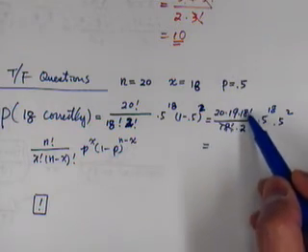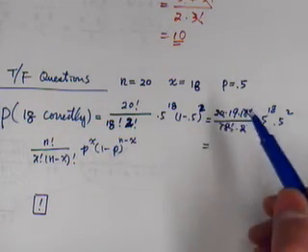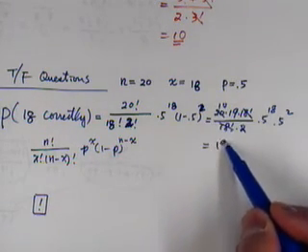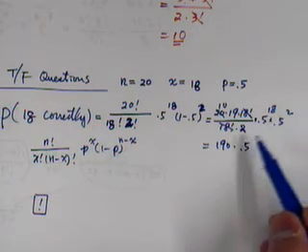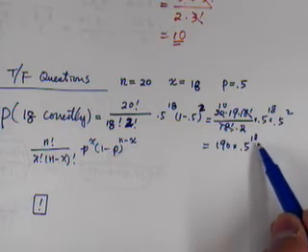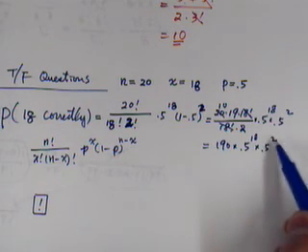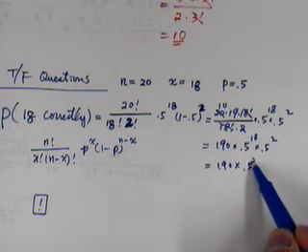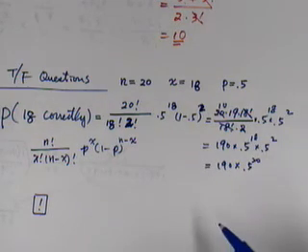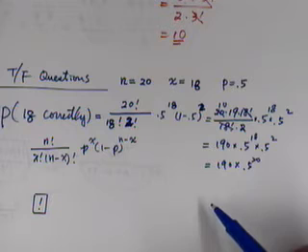Now this 18 and 18 cancel, this 2 and this 20 cancel. So it's 190 times 0.5 raised to the 18 power times 0.5 raised to the 2 power. Actually, this is 190 times 0.5 raised to the 20 power, right?